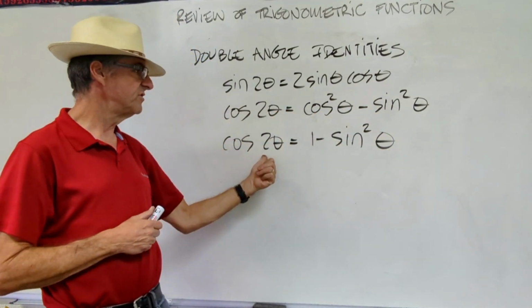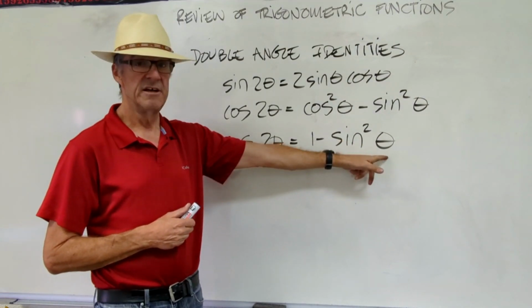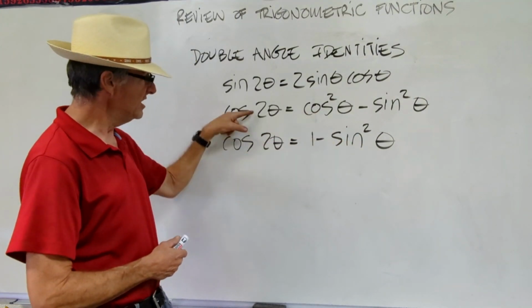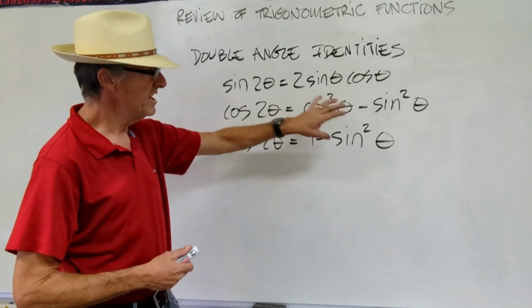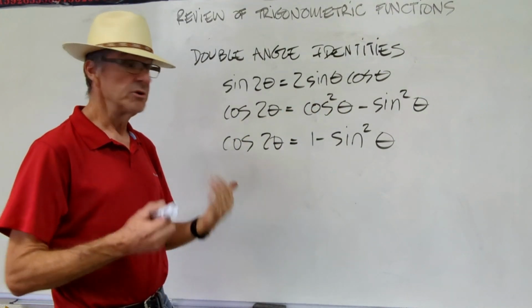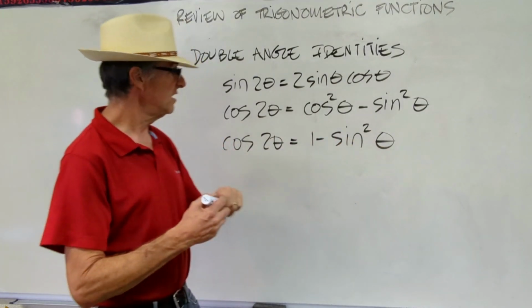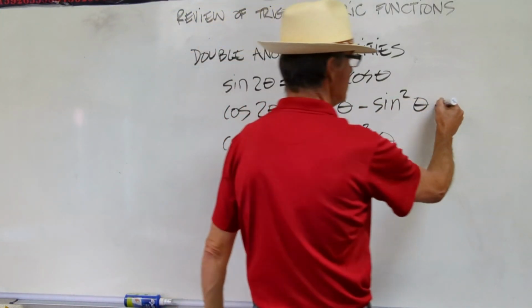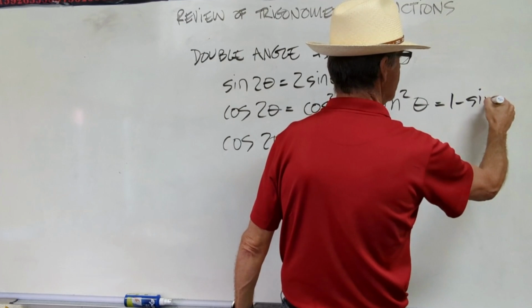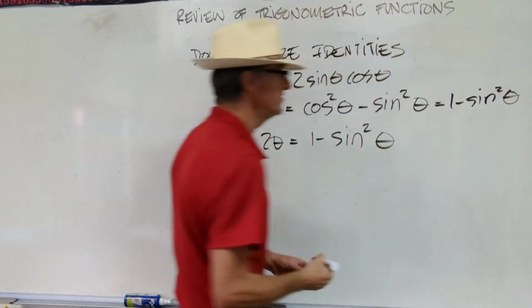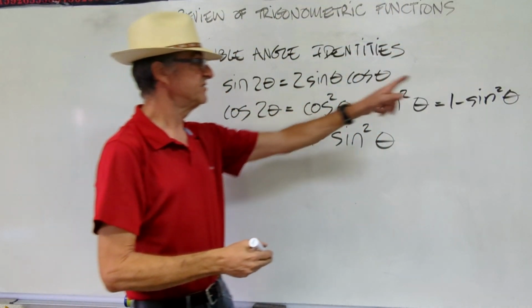And this one is cosine 2 theta equals 1 minus 2 sine squared theta. Now, because both of these equal cosine 2 theta, they both equal each other as well. So in your formula booklet, they don't write a second line. They just say equals 1 minus 2 sine squared theta. And that's true. These three things equal each other.